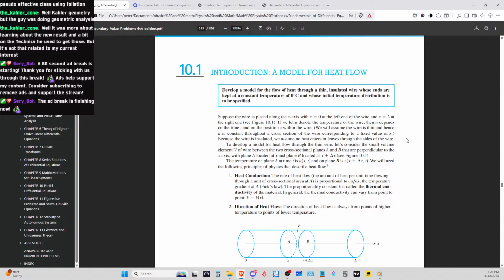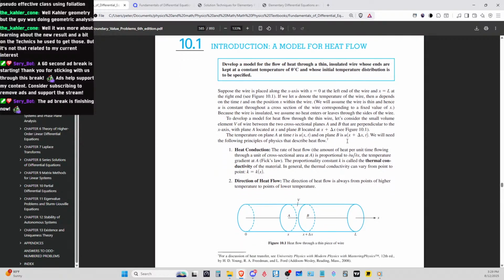Let's see, develop a model of the flow of heat through a thin insulated wire whose ends are kept at a constant temperature of 0 Celsius, and whose initial temperature distribution is to be specified. Okay, suppose a wire is placed along the x-axis, x equals 0 at the left end of the wire, x equals L at the right end.